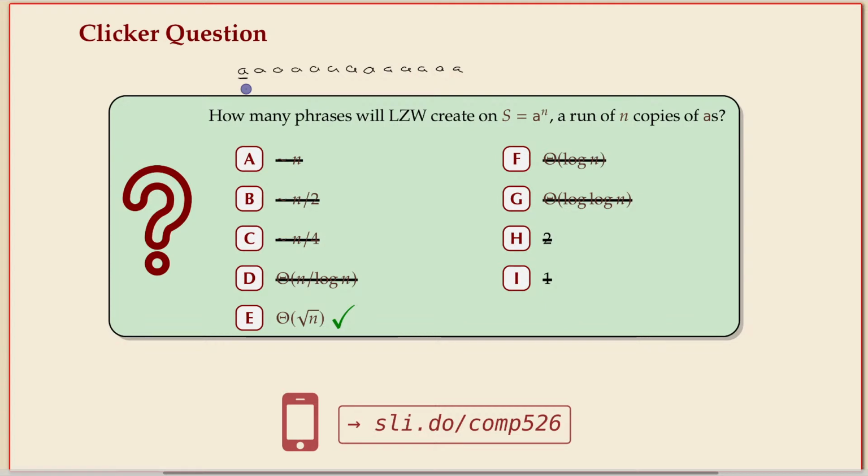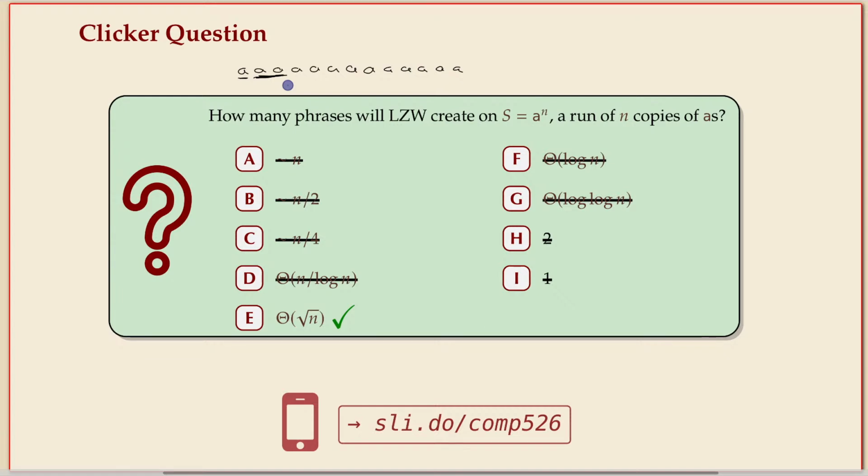And then we add A plus the next character to the dictionary. That's how it always worked. So we add AA to the dictionary. And then we move on. Next phrase is precisely that AA that we just created. That's the longest match we can find. We encode that and store that plus the next character to the dictionary, which is 3 A's.